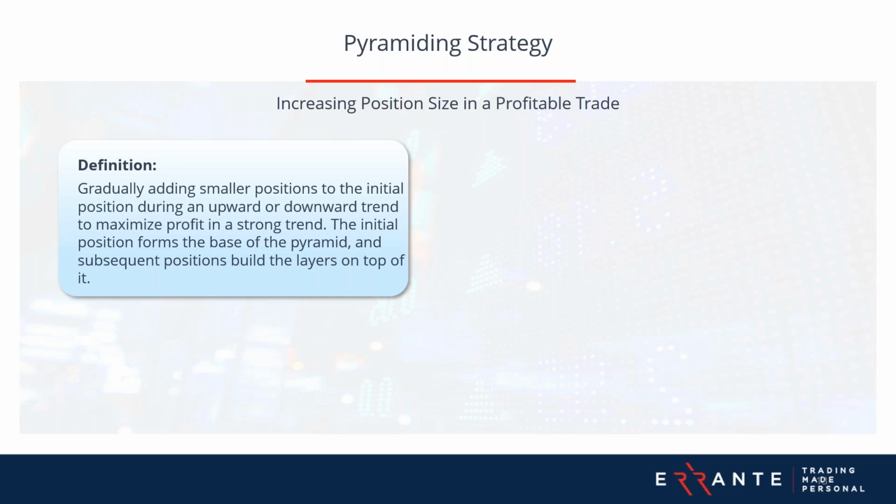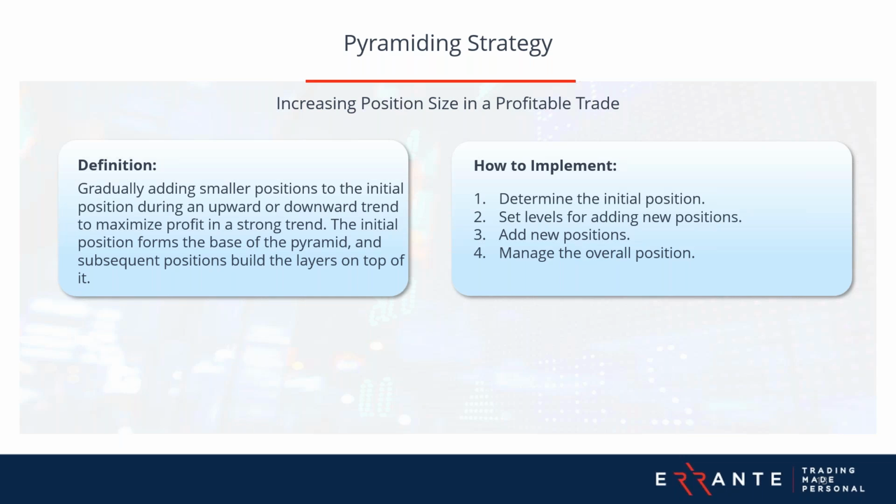The objective is to leverage the momentum of a strong trend, amplifying your gains without taking an excessive initial risk. Imagine building a pyramid, okay? Your initial position forms the broad base, and each subsequent position adds a smaller layer on top, increasing your exposure in the direction of the trend.